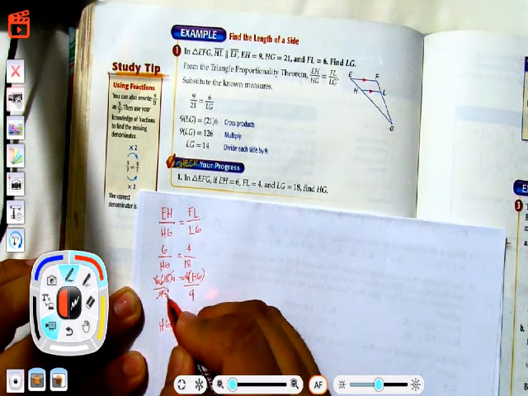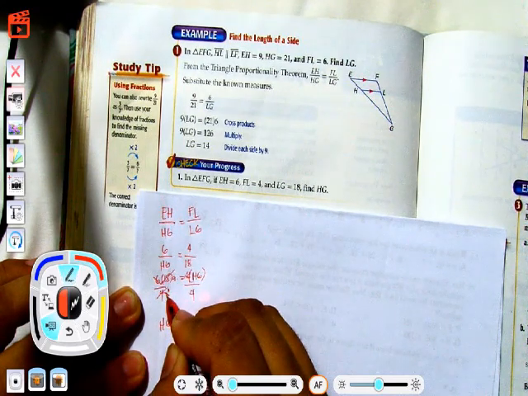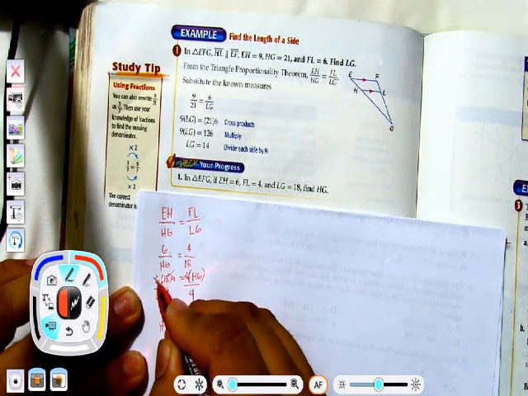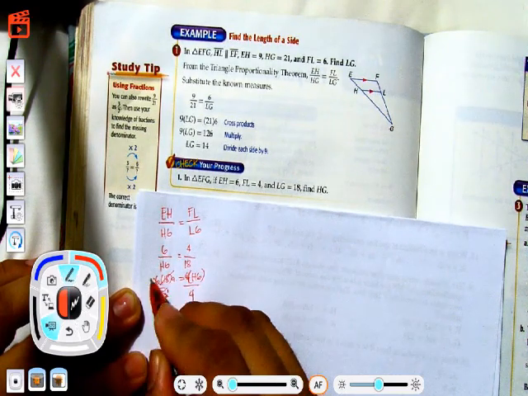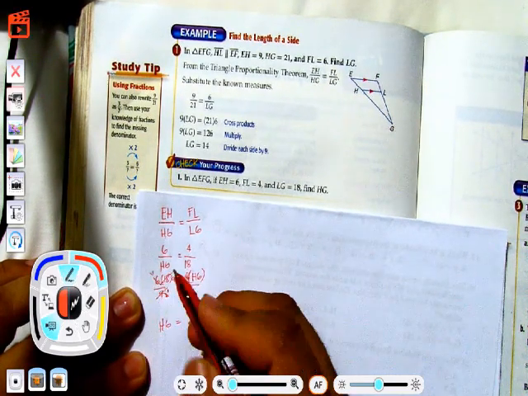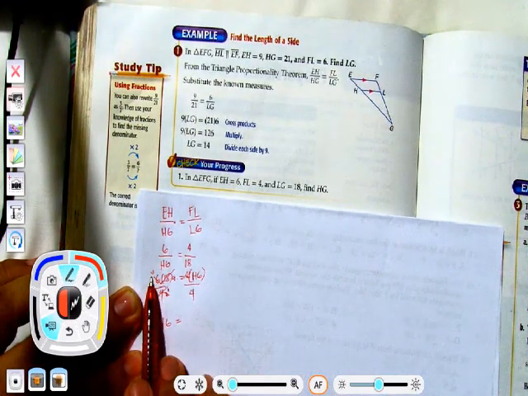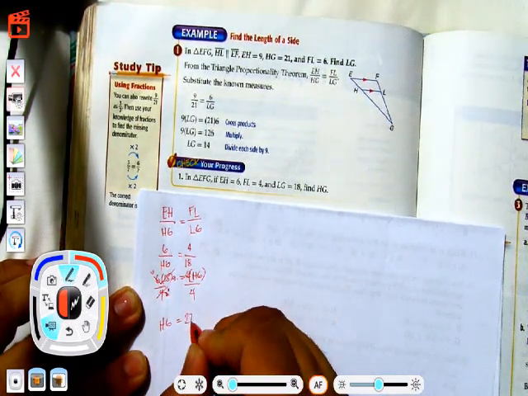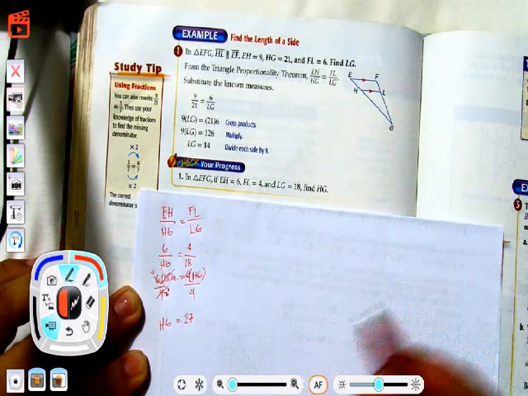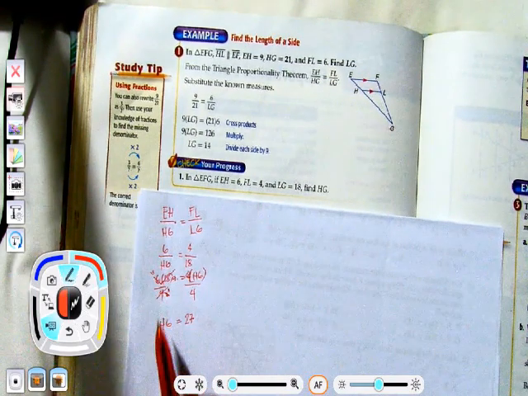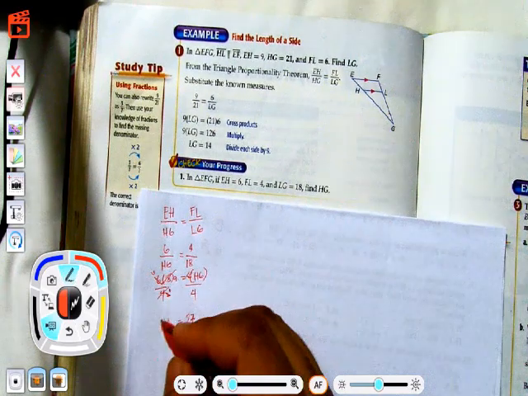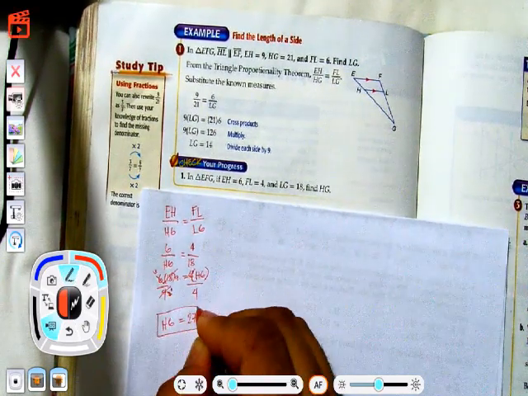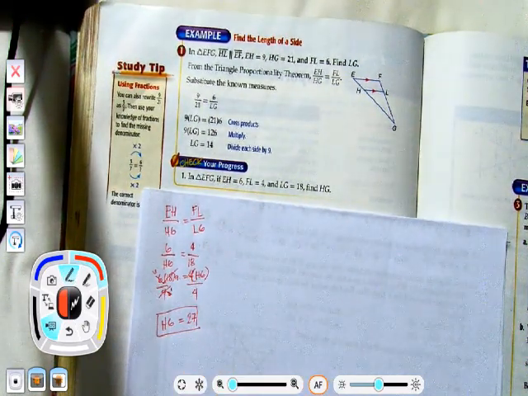Because I divide by 2, that 2 can also divide 6. So 6 divided by 2 is 3. So now what I have in the numerator is 3 times 9, which is 27 over 1, no need to write the 1 because it's just 27. So HG is equal to 27.